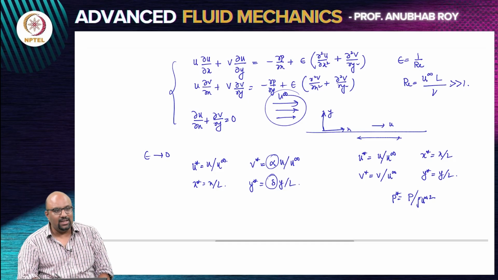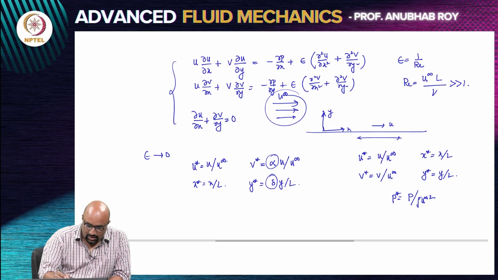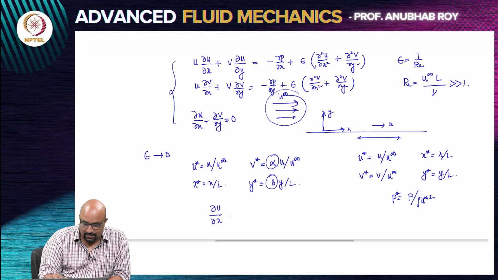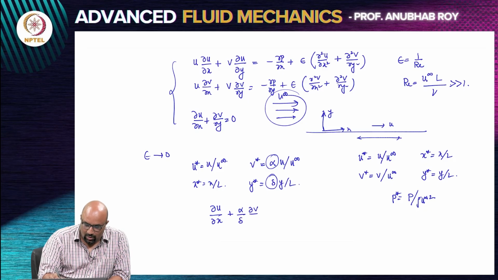Now, how do I find these factors? How do I obtain what that factor actually should be? So, for that I go back to the equation. If I use this non-dimensionalization, then ∂u/∂x remains ∂u/∂x, but ∂v/∂y will become alpha by delta ∂v/∂y, equal to 0.